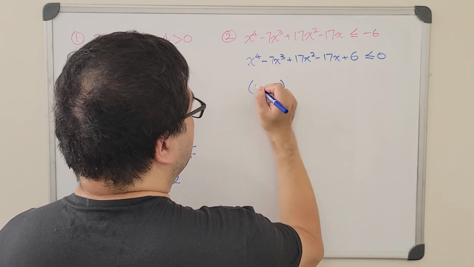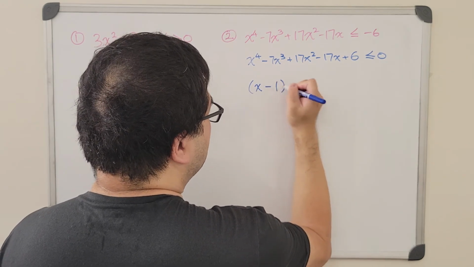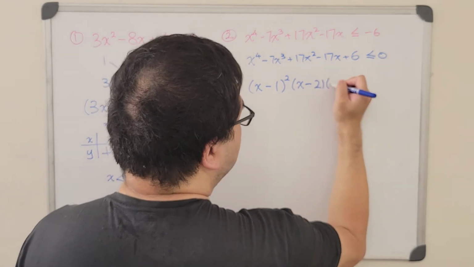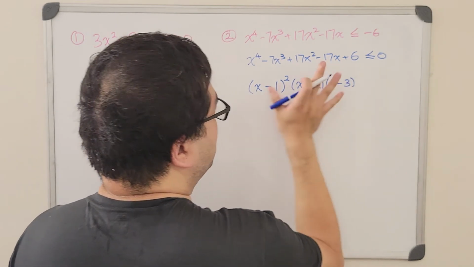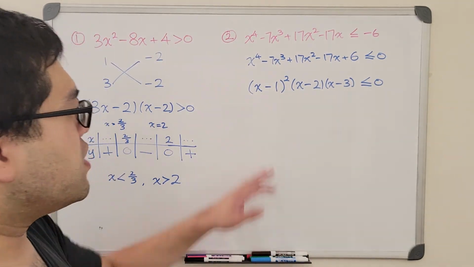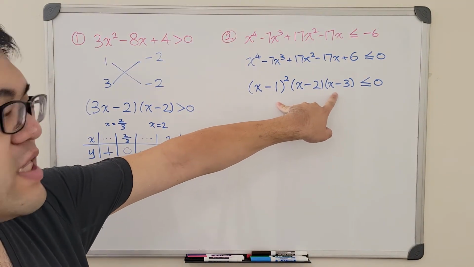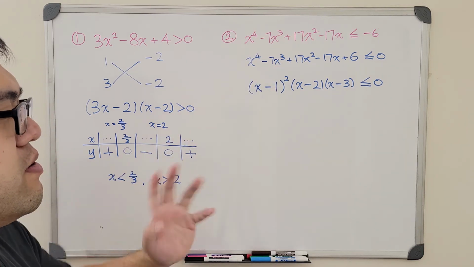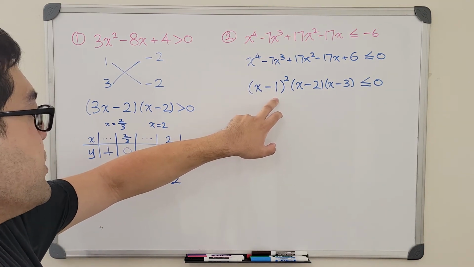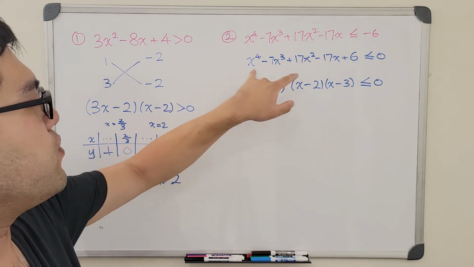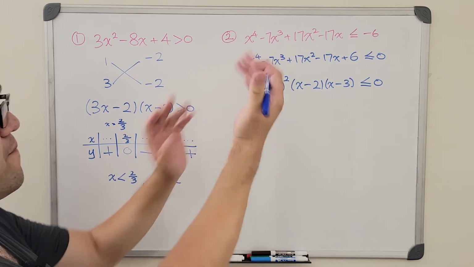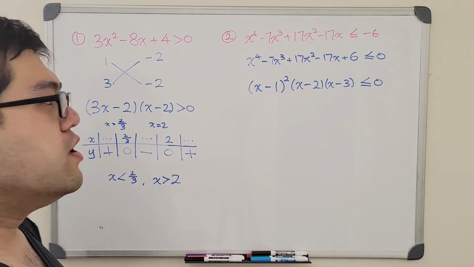We will be able to get x minus 1 squared times x minus 2 times x minus 3 for the left hand side, which is less than or equal to 0. Good. And again, how do we get these values? We can use the remainder theorem by substituting these values and checking whether we get 0 or not. And after that, we'll just factor out the polynomial. Good.